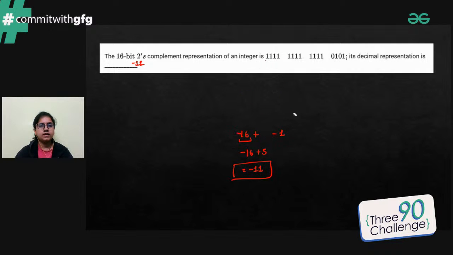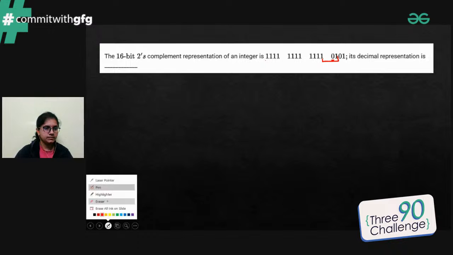I'll explain again. We have to skip all the ones until we get the first 0. Here we got the first 0, so up to here we have to consider.